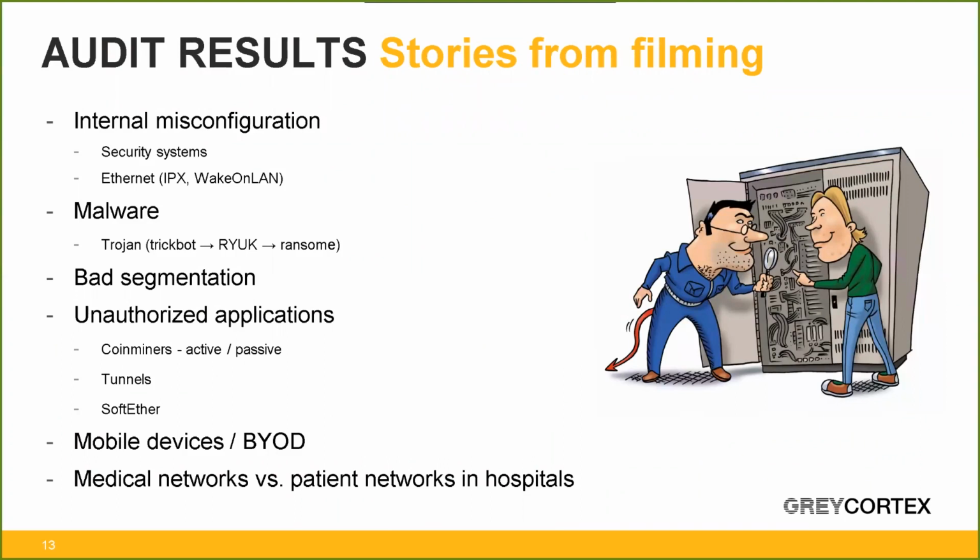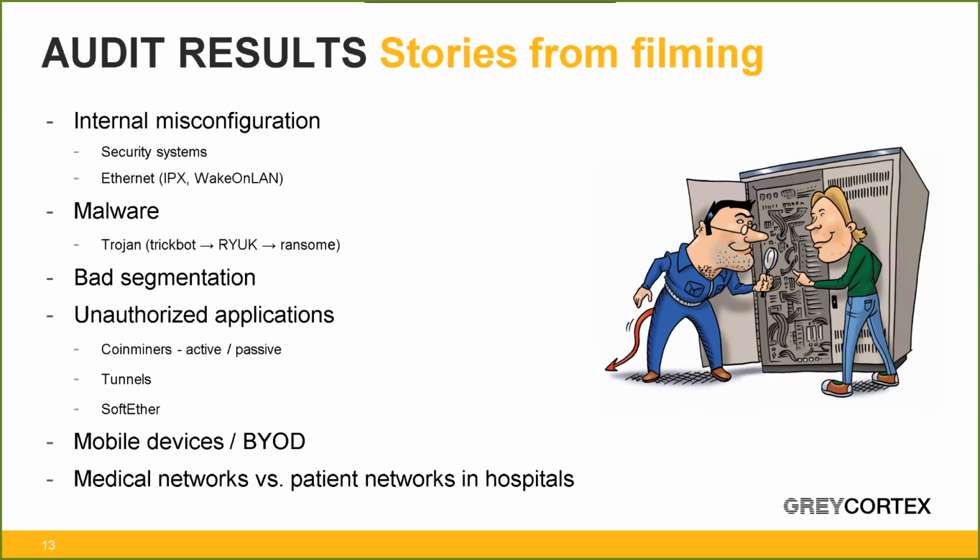During the security audits of the network communication that we've been performing for our customers, we have found a lot of interesting, usual and also unusual things. We had seen a lot of misconfiguration in the internal systems. Like, for example, it was possible to use the Wake-on-LAN functionality to turn on some servers on the network.